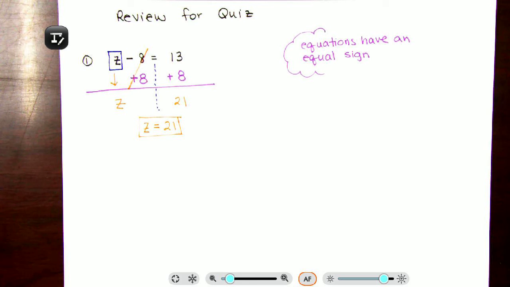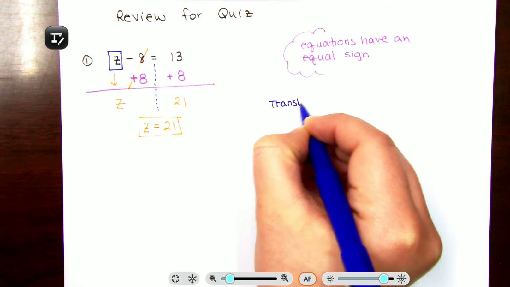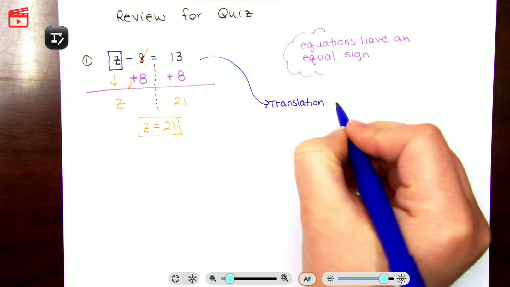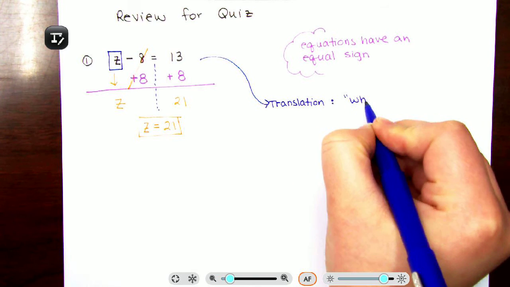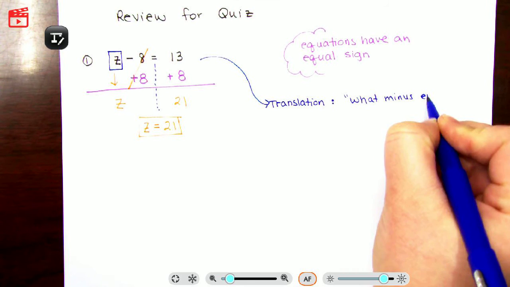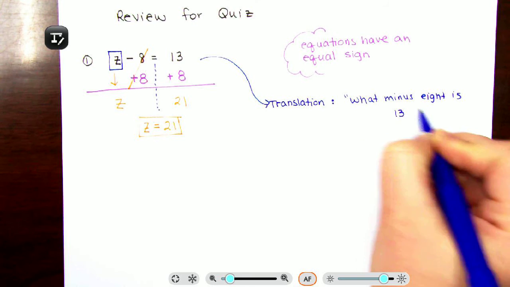Because these are one-step equations, you can always replace the variable with the word what and translate that into English. So a translation would be something like: what minus 8 is 13?